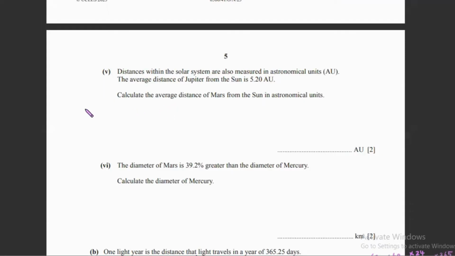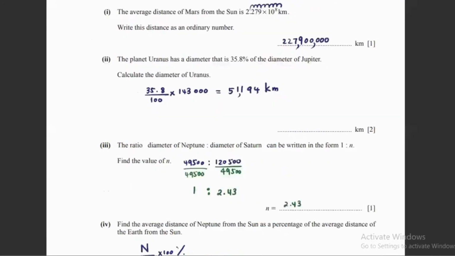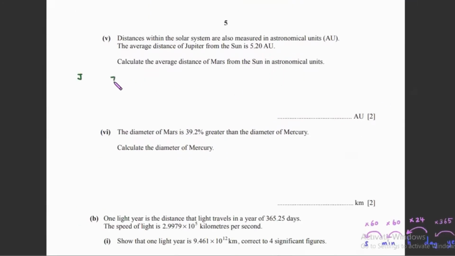So, for Jupiter, the distance is given to us as 7.786 times 10 to the power 8. And this distance, which is given in kilometers, is the same as 5.20 AU.